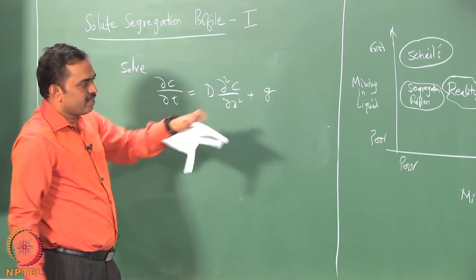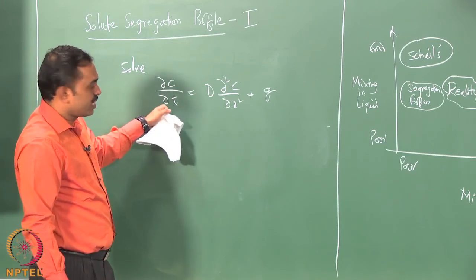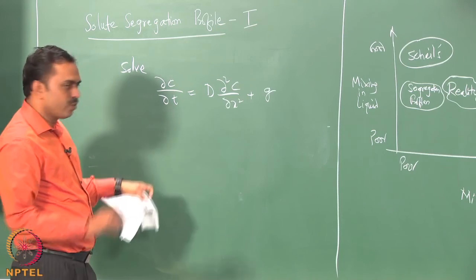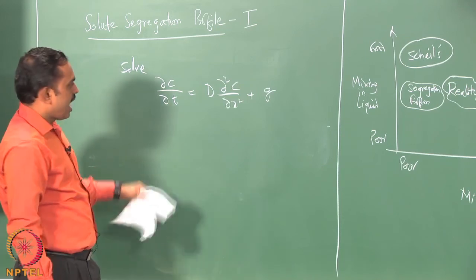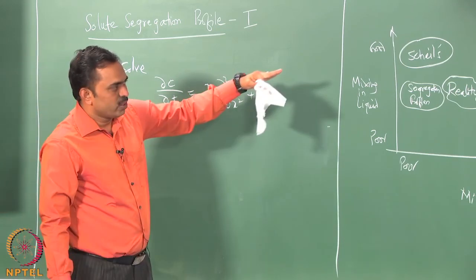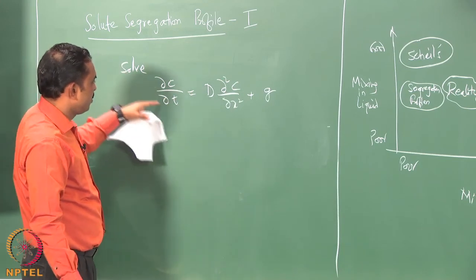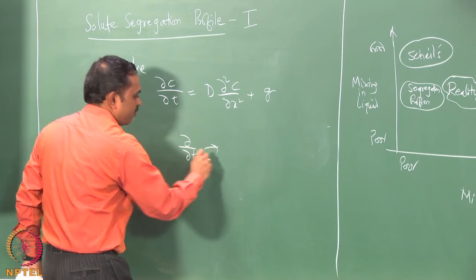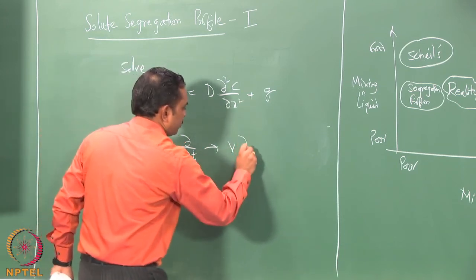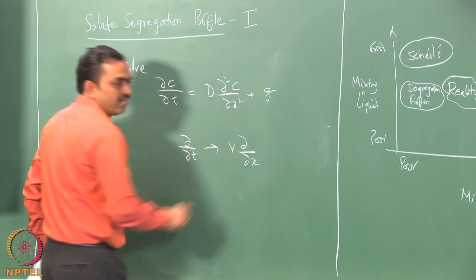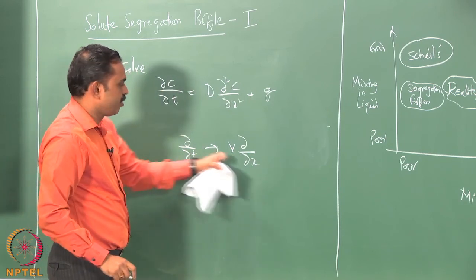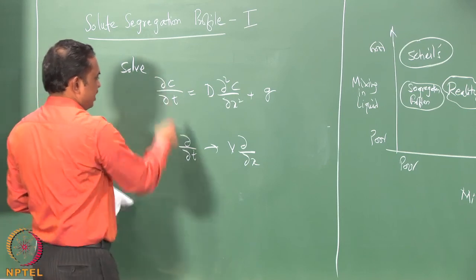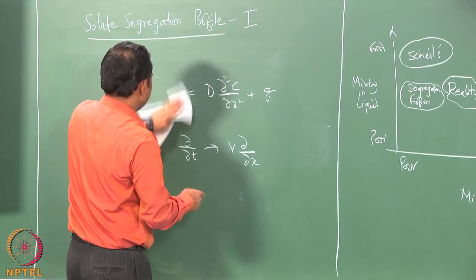And we wanted to convert to a moving coordinate system, and therefore the time variable is going to be changed to the distance variable, and the distance is also in the same x direction, which means that this has to be modified. We already said that something like this gets modified like that if the velocity is along the x direction, and therefore we are going to use that here and change the equation.